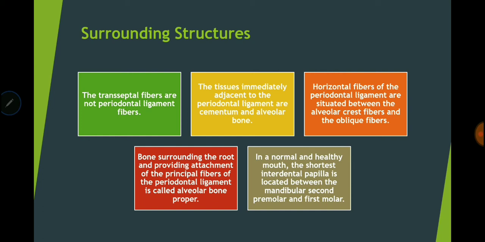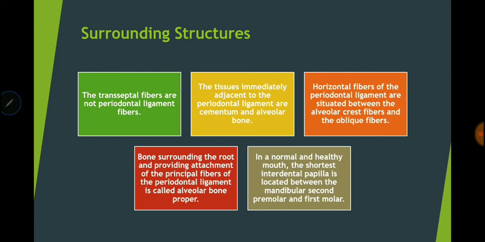So if you are not attaching to bone, you are not a periodontal ligament. The tissues immediately adjacent to the periodontal ligament are cementum and alveolar bone. The horizontal fibers of the periodontal ligament are situated between the alveolar crest fibers and the oblique fibers.